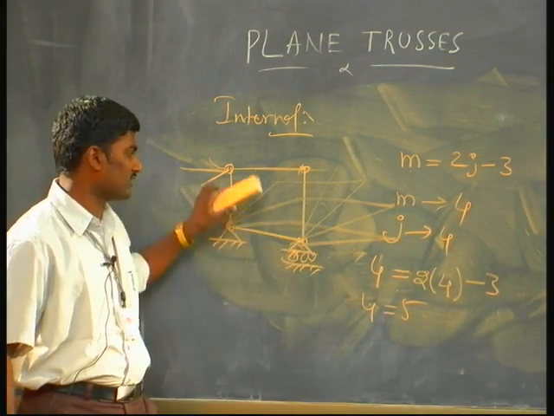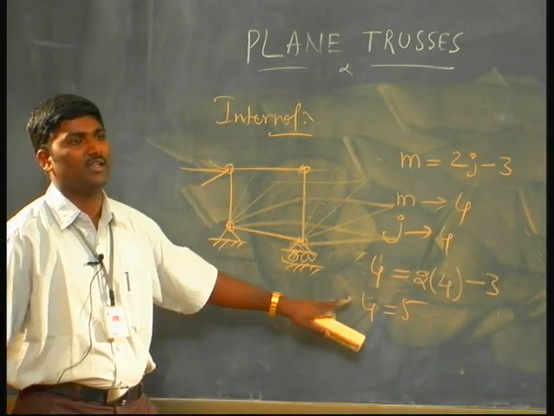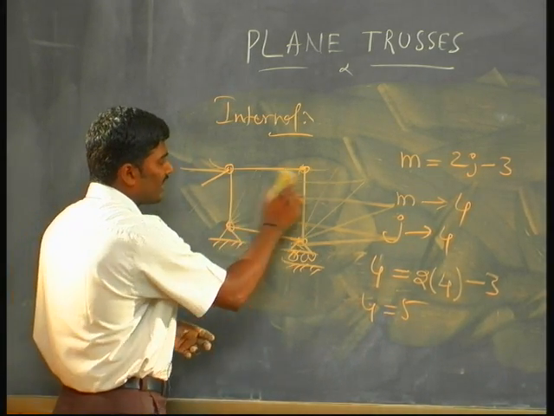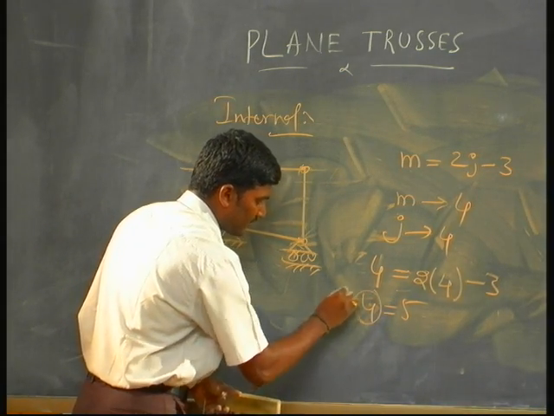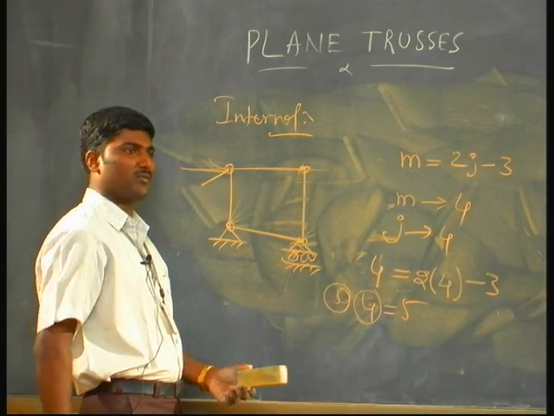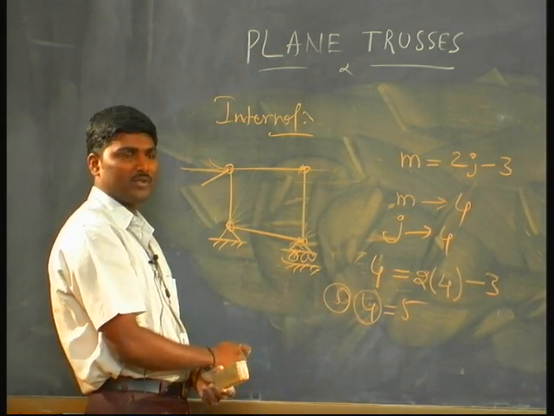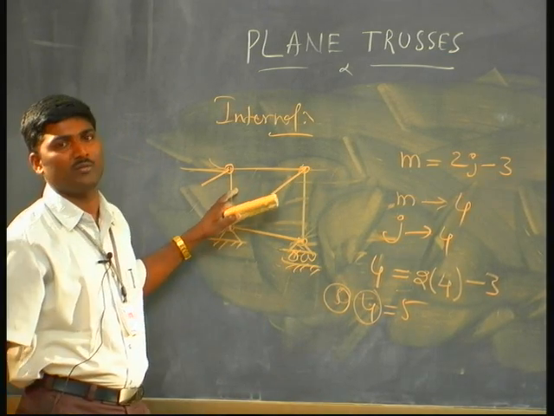Okay. So, this condition is not satisfied, we know that this is not internally stable. If I want to make this stable, I need to increase the members to 5. Meaning that you increase one member, I connect a member like this, now the truss is stable.